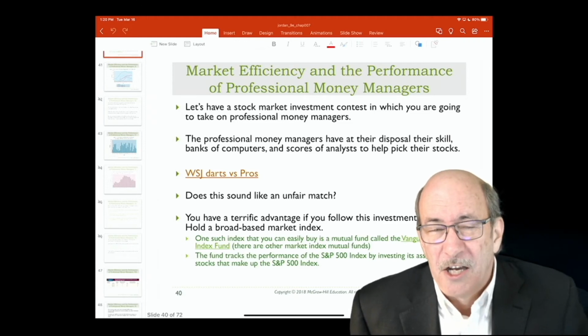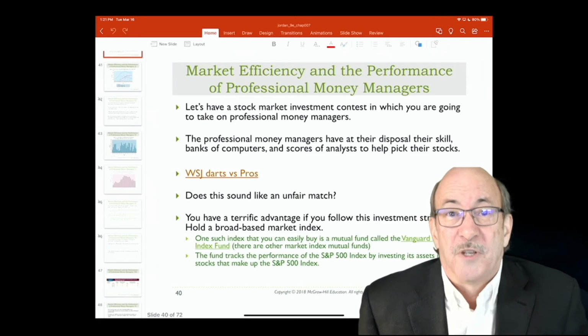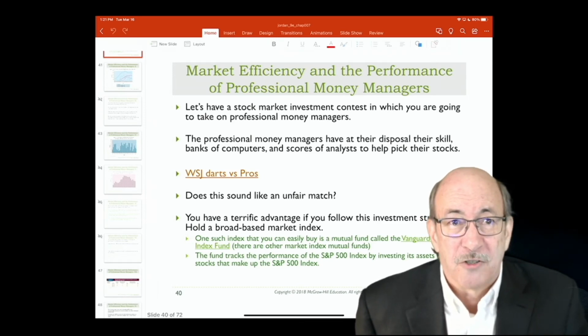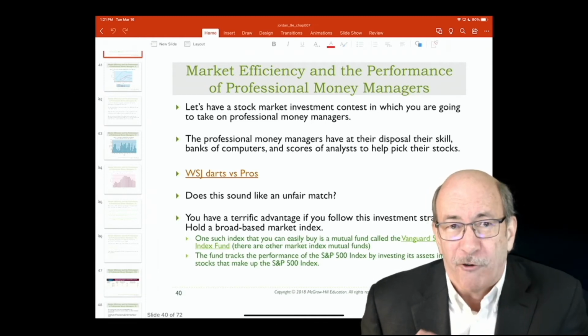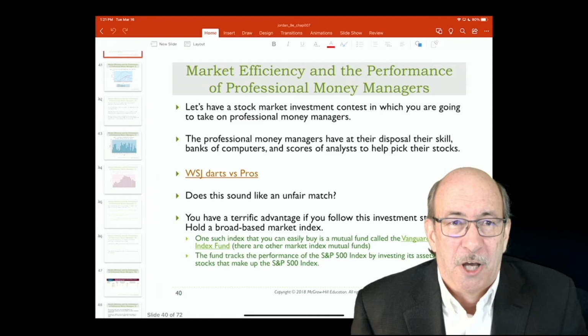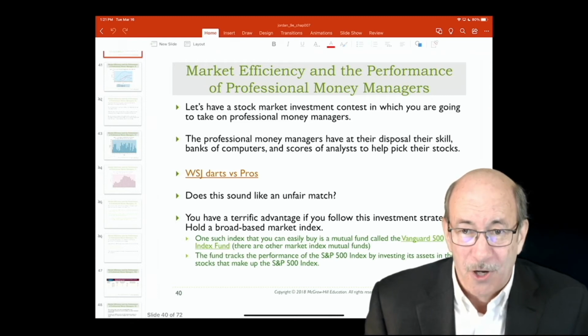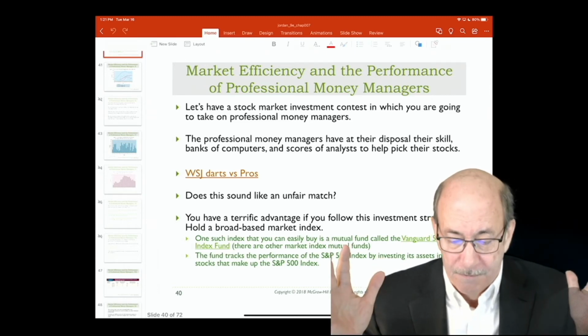But if you made an adjustment and said, let's not use the darts, let's use the S&P 500 as the benchmark against the professional money managers, then it got a lot closer to half or 5/8 where the money managers won. So closer to flipping a coin, if we compared it to a buy and hold strategy of the broad market.